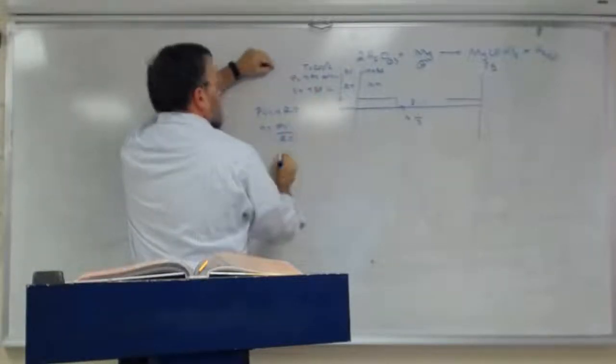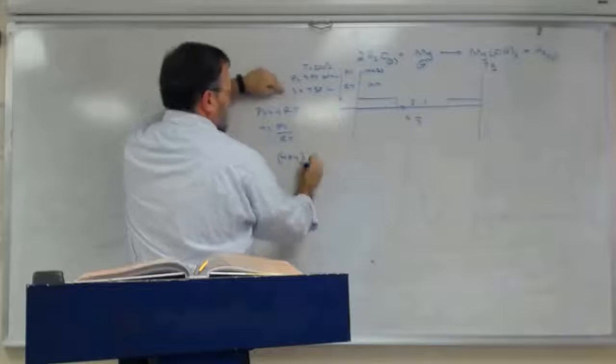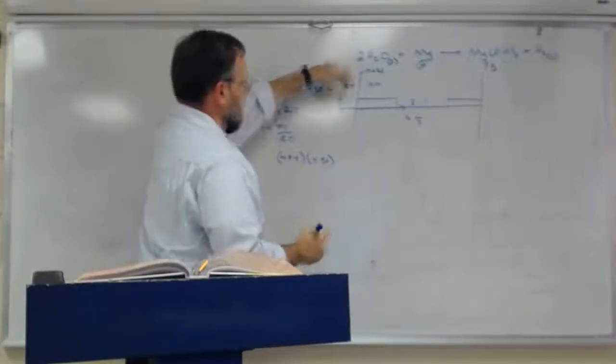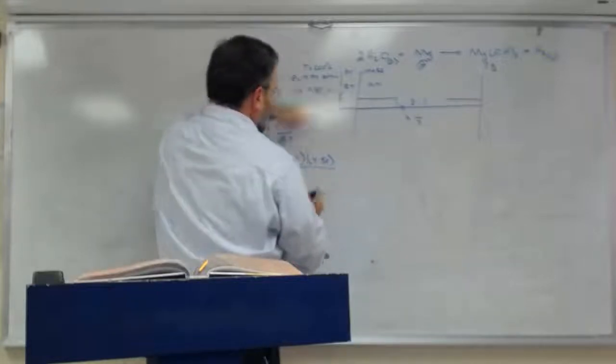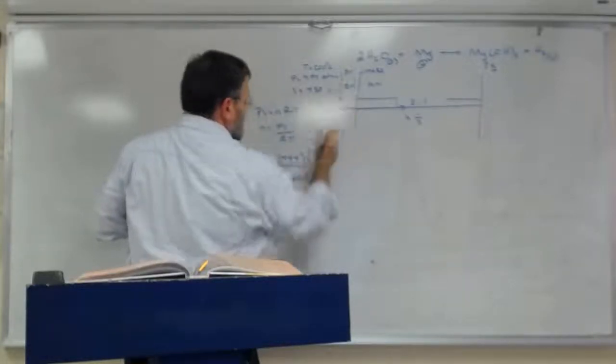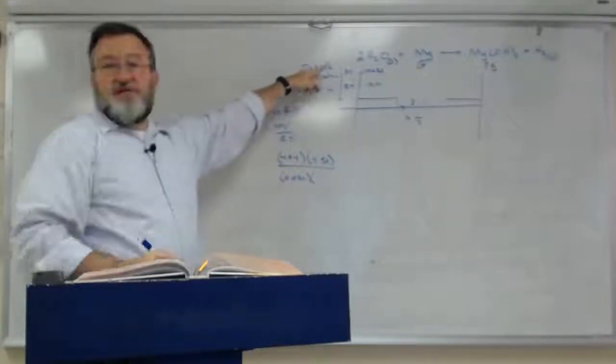So PV is going to be 4.94 atmospheres. That's my P. The V is 4.50. That's this first part, P times V. Divide all of that by R times T. T has to be in Kelvin. It's given to me in Celsius.